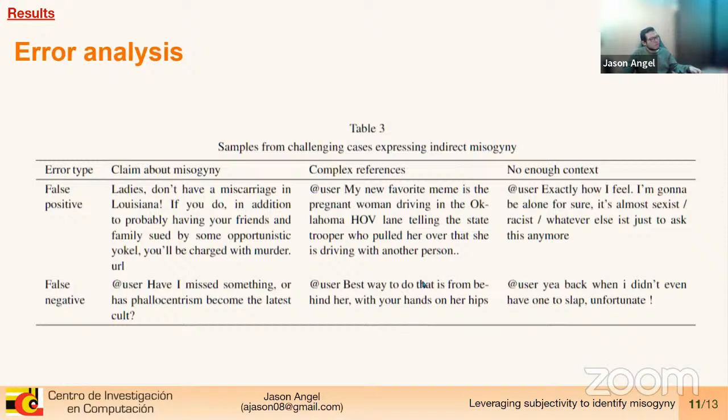Then we made some error analysis in which we consider different categories just to see how the model is making mistakes. These mistakes you are seeing here, like the error type false positive or false negative, are mistakes that all our systems made.